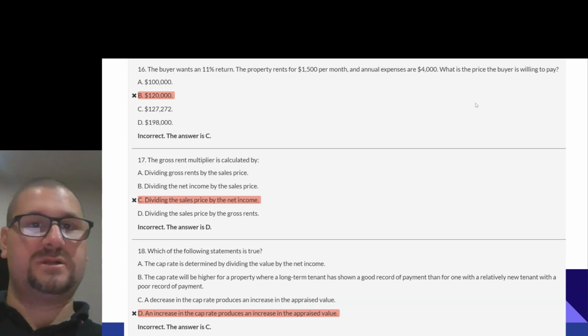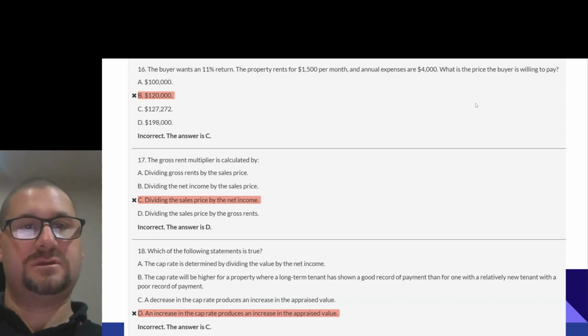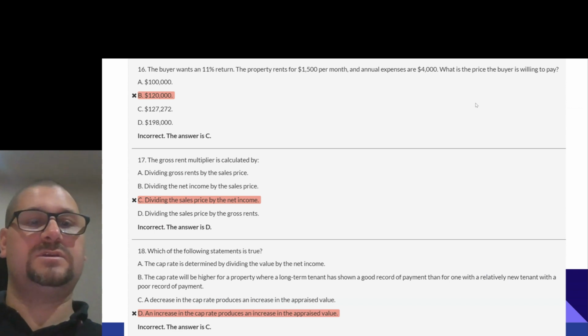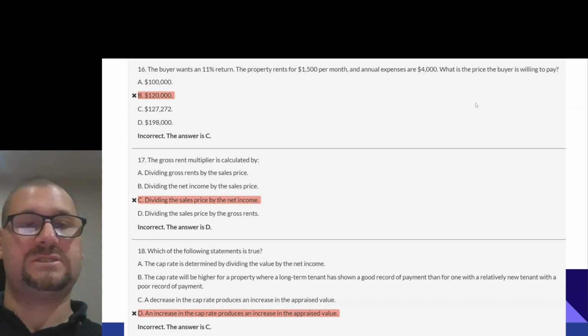The gross rent multiplier is calculated by delta, dividing the sales price by the gross rents. So the gross rent multiplier is calculated how? You divide the sales price by the gross rents.